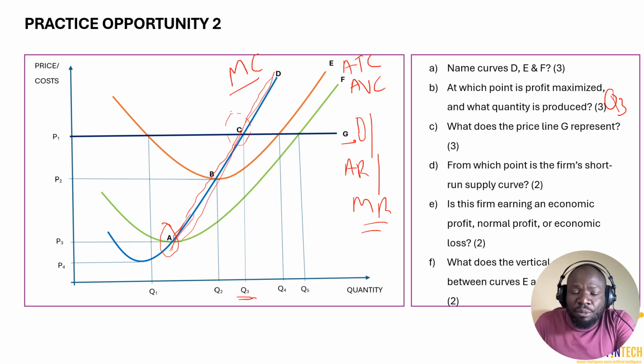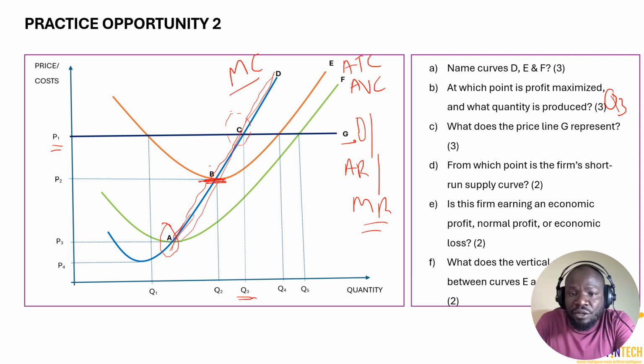All right. And is the firm making economic profit, loss, or normal profit? Because the price is higher than the minimum point of the total cost curve, this firm is making economic profit. This price is higher than this minimum point B, so we are making economic profit. And then what does the vertical distance between E and F represent?